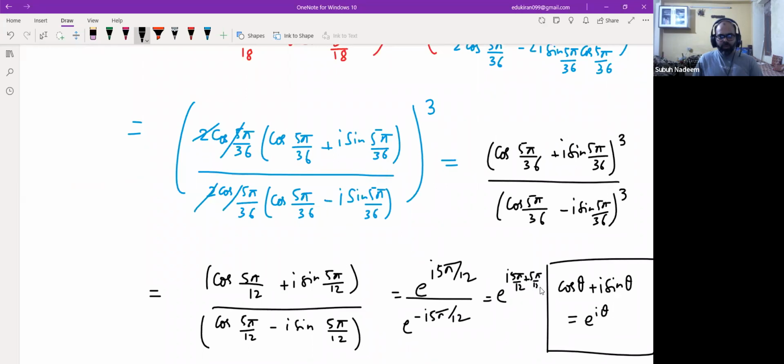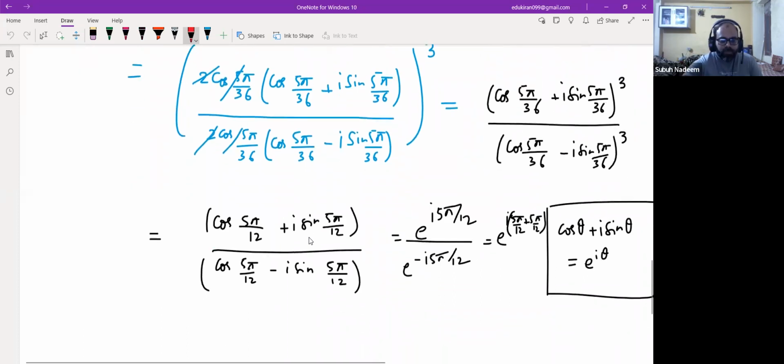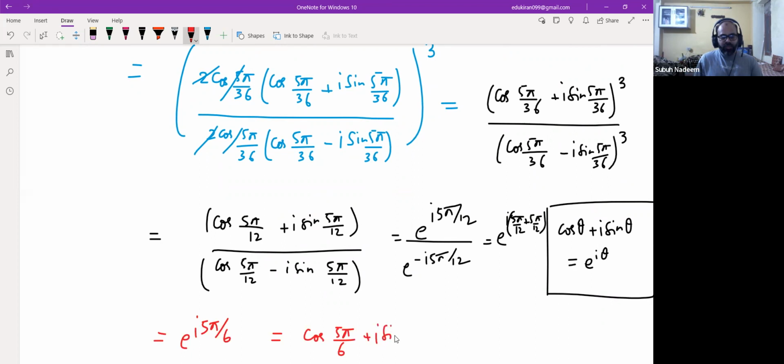Then it will go in the numerator. So it will become e to the power I 2 times 5 pi by 12, that is 5 pi by 6. This will be cos 5 pi by 6 plus I sine 5 pi by 6.